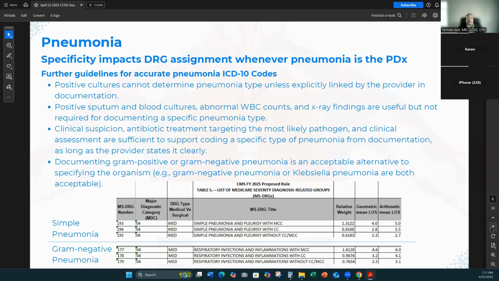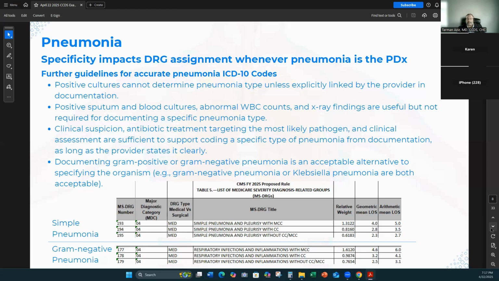So you can see at the bottom, for example, I've clarified the difference between a gram-negative pneumonia and a simple pneumonia in terms of DRG assignment when those pneumonias are the PDX. You can see the relative weight potentially is a lot higher if you have the with MCC or even at the level of CC or neither CC nor MCC.